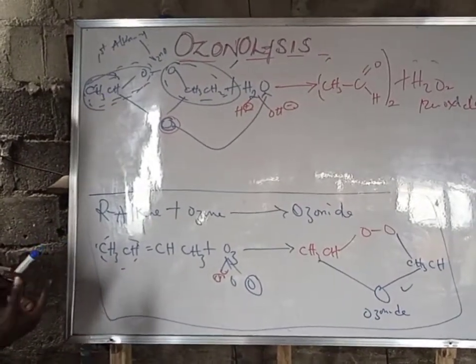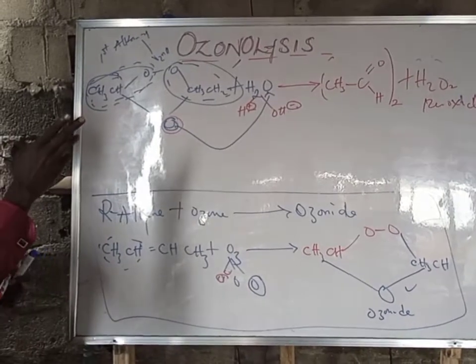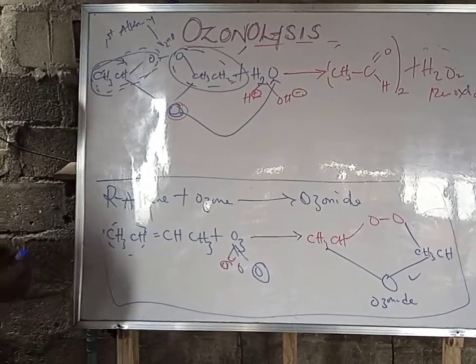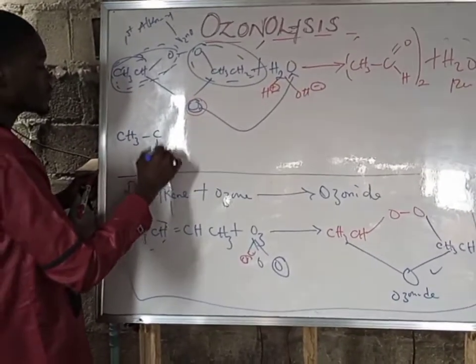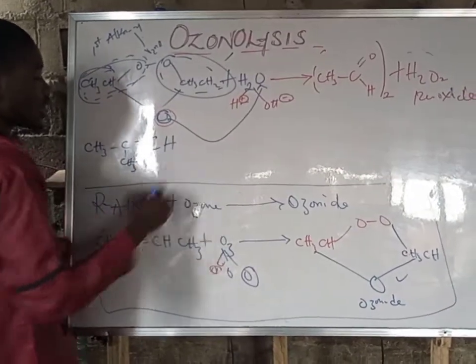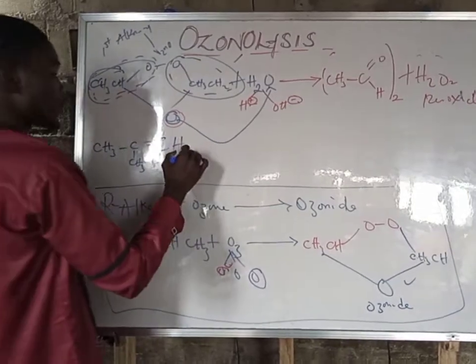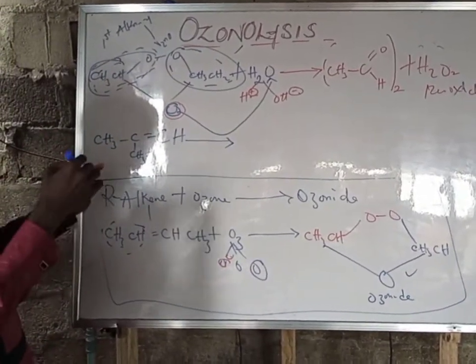So you can see now, that's the ozonolysis. So let's take the last reaction of this. When we take the last one, we are going to pick a good example, which is this. We have CH3, CH double bond, we have our CH here.